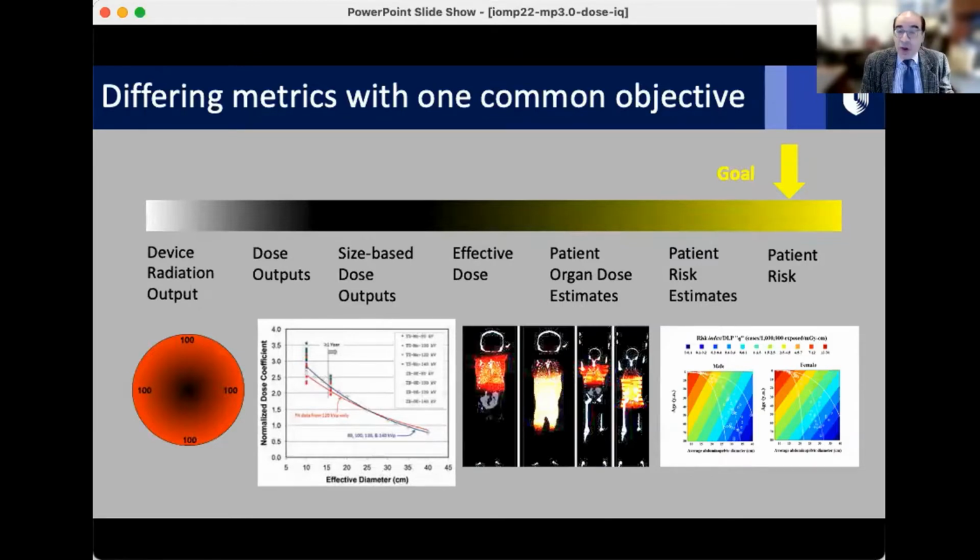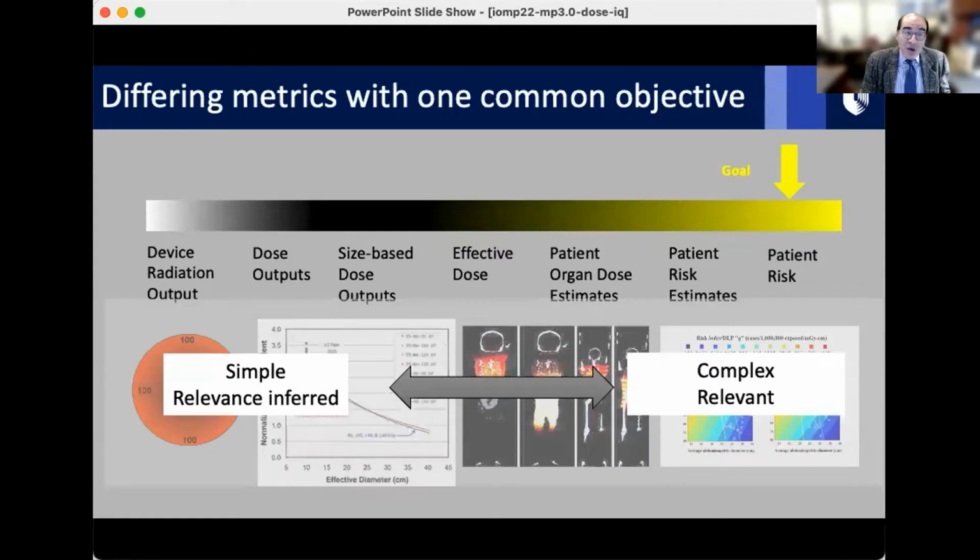So two exams, all things being equal, the one that has a higher mAs or higher flux or higher energy would have more dose, right? So all of them essentially are surrogates of risk. The ones on the left are simple, that's why we use them, but their relevance is inferred. The ones on the right are very complex, but they tend to be highly relevant.